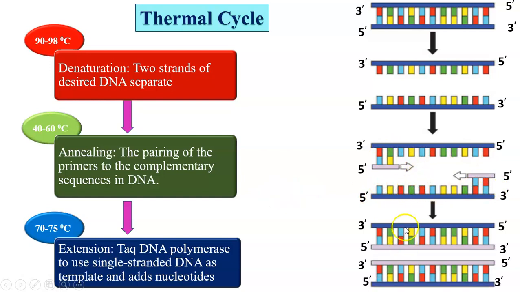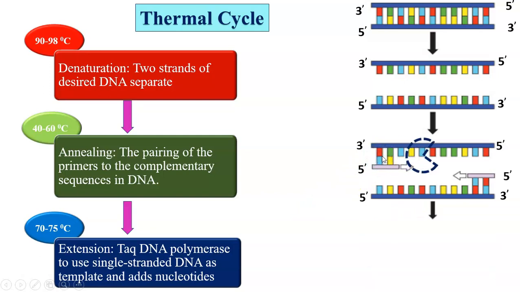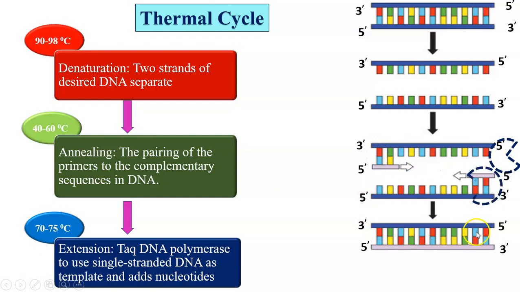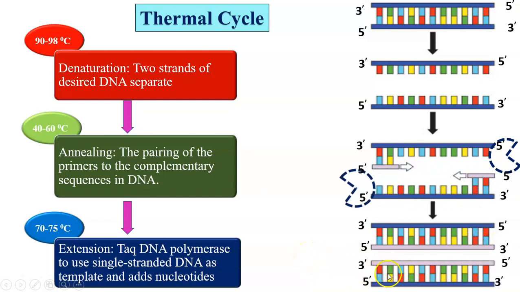So exact copies are produced. So Taq DNA polymerase will get attached here and it will produce fresh DNA molecule. Here Taq DNA polymerase will give rise to the fresh double-stranded DNA.